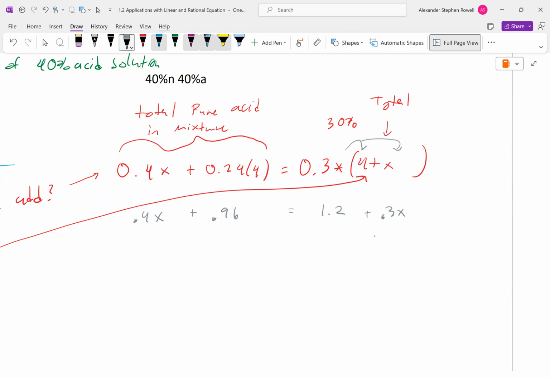All right, so let's go ahead and subtract 0.3x. And let's subtract 0.96. And this is a calculator course, so I have no problem with you just plugging it in. 0.1x is equal to, that would be what?